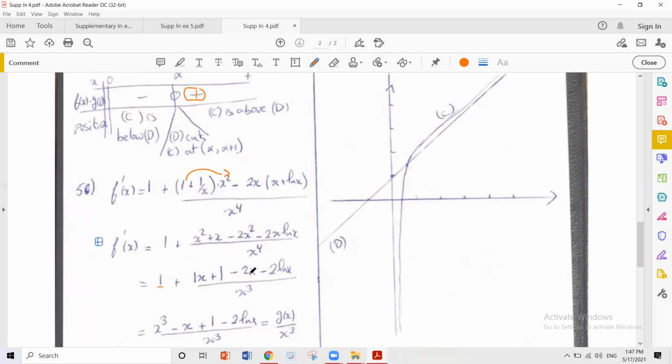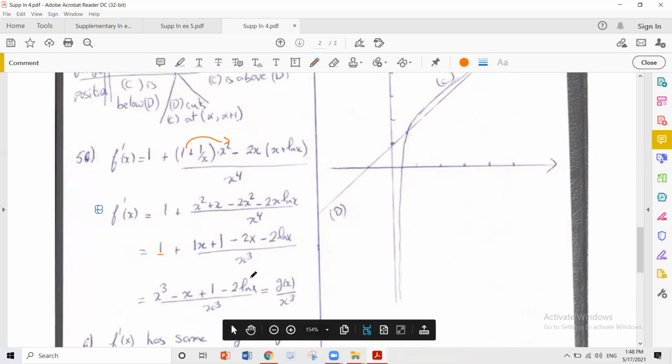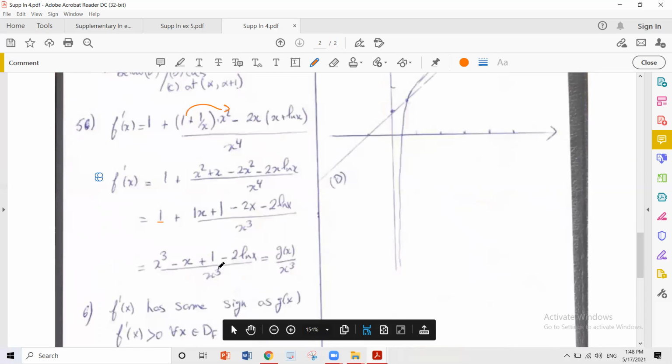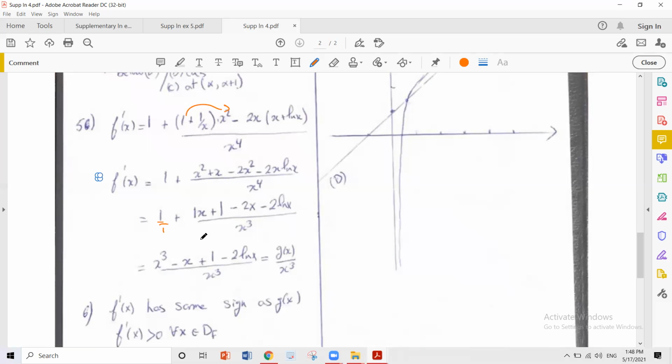This one becomes minus 2x minus 2 ln x over x cubed. So we take the LCM x cubed: minus x minus 2x is minus x, plus 1, minus 2 ln x over x cubed equal g(x) over x cubed.